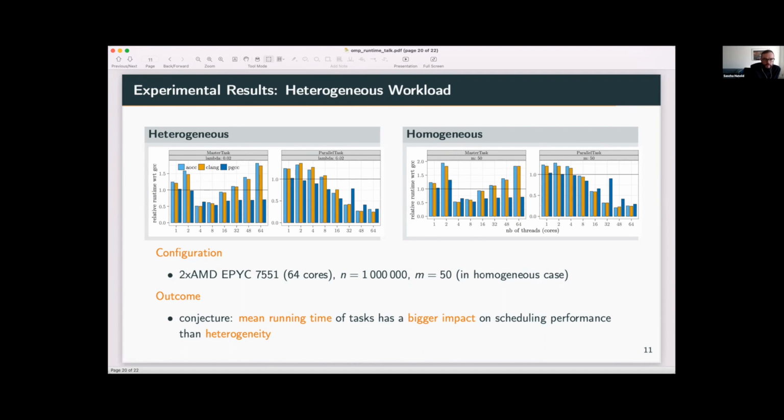But if you use a homogeneous distribution with the same mean, a fixed workload of 50, then the result is exactly the same. So the mean running time of a task has a much bigger impact on the scheduling performance between these compilers than heterogeneity itself.